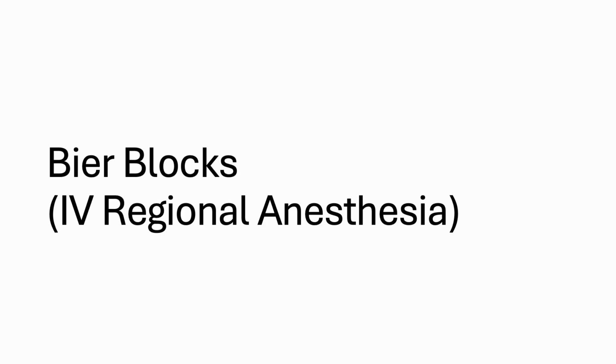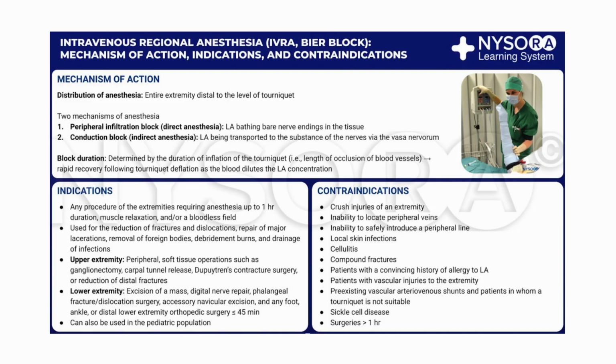All right, now let's cover some Bier blocks, or IV regional anesthesia. All right. So the mechanism of action is the entire extremity distal to the level of tourniquet is going to be anesthetized. There's going to be 2 mechanisms of anesthesia. We have peripheral infiltration block, which is direct anesthesia, local anesthetic bathing bare nerve endings in the tissue, and then a conduction block through indirect anesthesia, where the local anesthetic is transported to the substance of the nerves via the vasa nervorum.